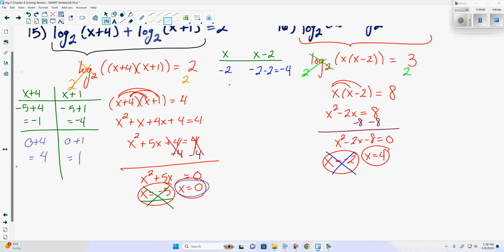If we do this with 4, with our x, it would just be 4. 4 minus 2 is 2. Both are positive, not 0, so it would just be x is equal to 4. And on the test, I believe there should be only one that's like these last two. Okay. Questions on this so far?